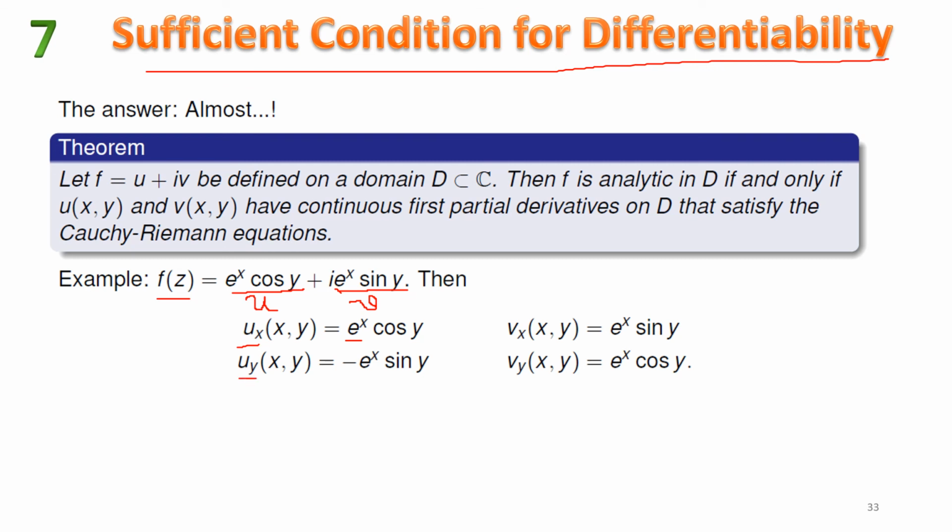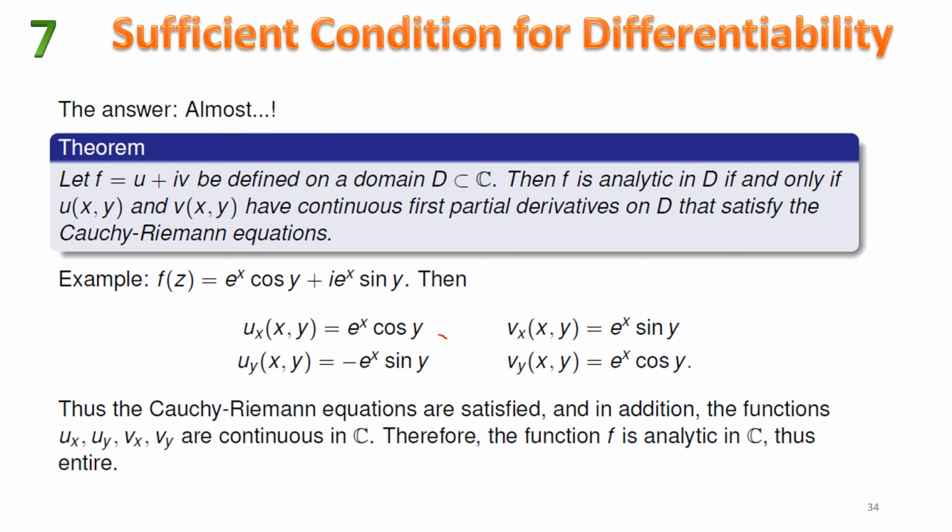Then the derivative with respect to y: the derivative of cos of y will be minus sine of y, and e to the x remains constant. Similarly, the derivative of v with respect to x: e to the x will have the same derivative, sine y remains as it is. And vy, that is the partial derivative of v with respect to y, the derivative of sine y will be cos y.